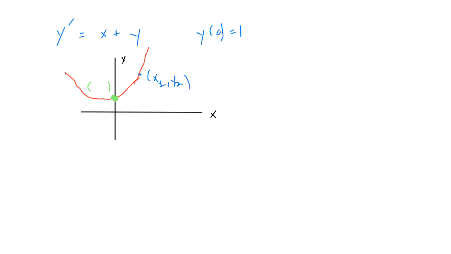Very good, because this is your y of x. This is your solution to the differential equation. And that's right. The solution passes through (0, 1) because of the initial condition.